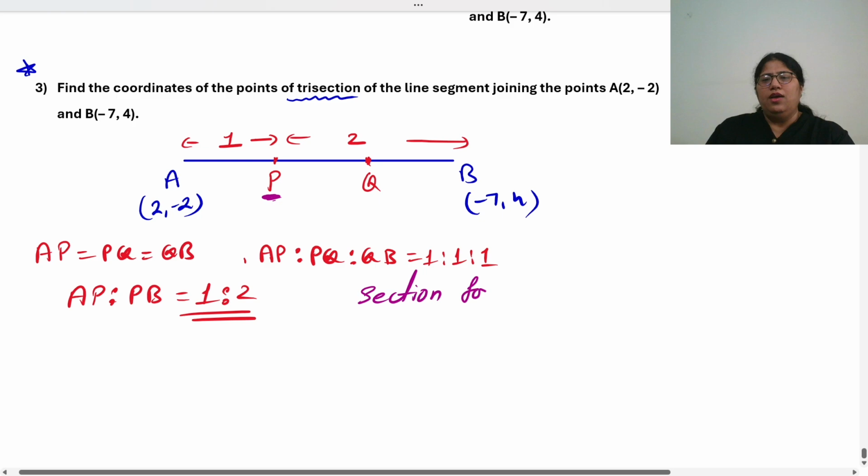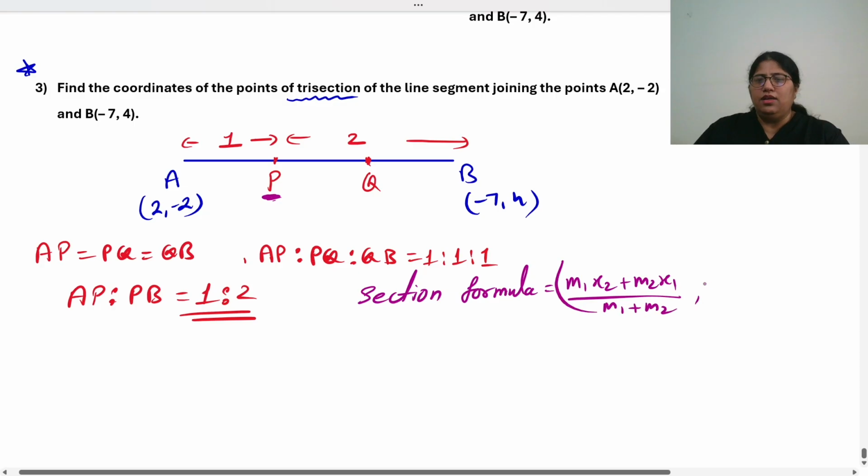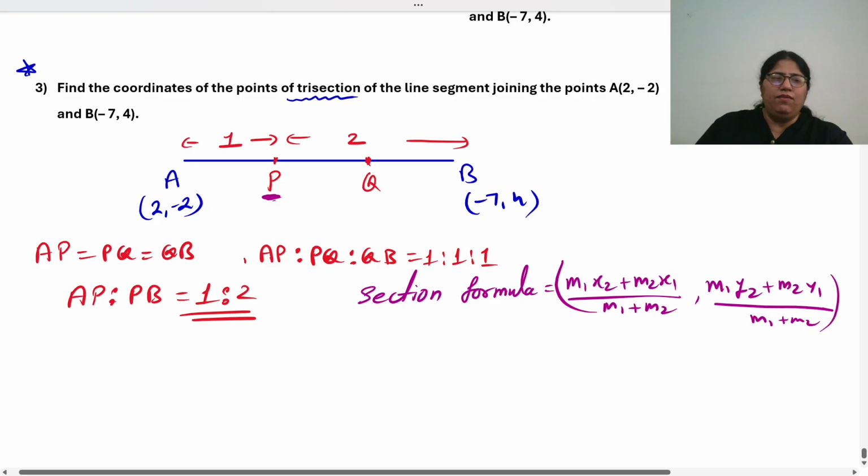What is the section formula? If you know the ratio, it is (m1x2 plus m2x1) by (m1 plus m2), comma, so this is the x coordinate, and (m1y2 plus m2y1) by (m1 plus m2). So we'll use this formula again here. Coordinates of P will be equal to, what is your m1 here?